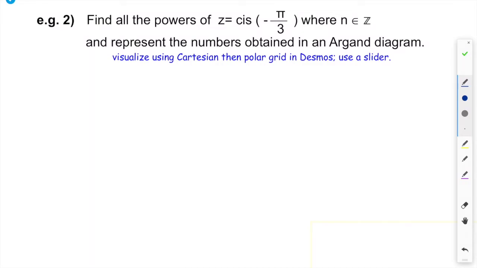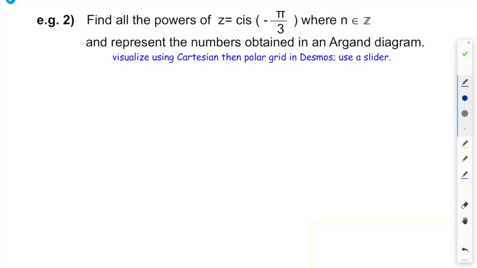Here is example 2. Find all the powers of z equals cis of negative pi over 3, where n belongs to the set of integers. And then we're going to represent these numbers obtained on an Argand diagram. Okay.